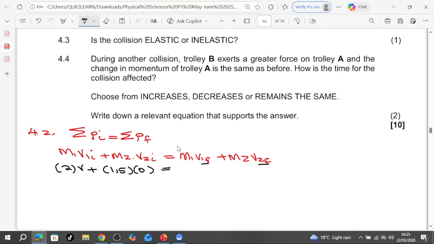So we can write this as the mass 1 plus the mass 2, put these two inside the bracket, and say this is my v final. So I can add the two masses, which is 2 plus 1.5, times v final, the velocity that these two objects will move together with. So this will be my vf.